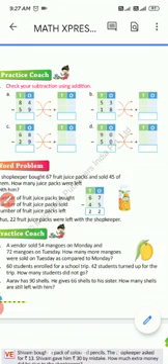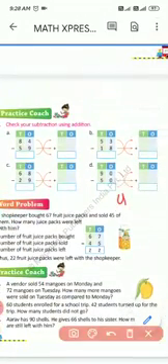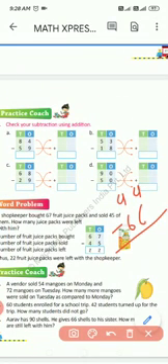So we can write 90 minus 66. We have to subtract 66 from 90. Can we subtract 6 from 0? No. So we have to take one borrow. This 0 is converted into 10.